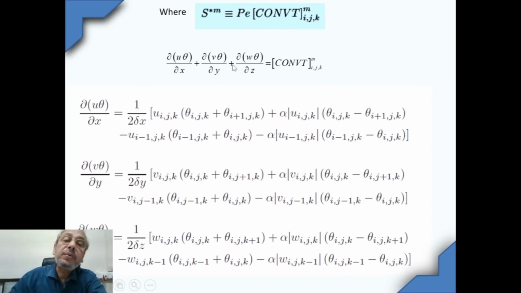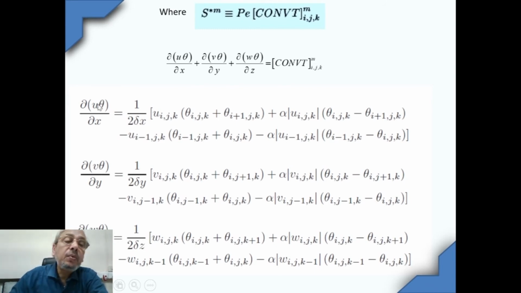So we have written that del x of u theta, del y of v theta, del z of w theta is basically the contribution of convective terms at a point ijk at a level, it's not time level, it's iterative level m.